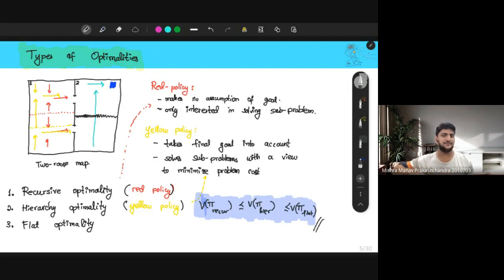But if I exit through the below door, then it's obviously bad for me. I don't want to do that. So here recursive optimality fails, or taking a recursive approach fails. So here hierarchical optimality is ideal for me. I need to do that while keeping the goal in account. Okay, so there are some few corner cases where hierarchical optimal is actually preferred over the recursive optimal in this case. Okay, so far so clear. So far so good, right?